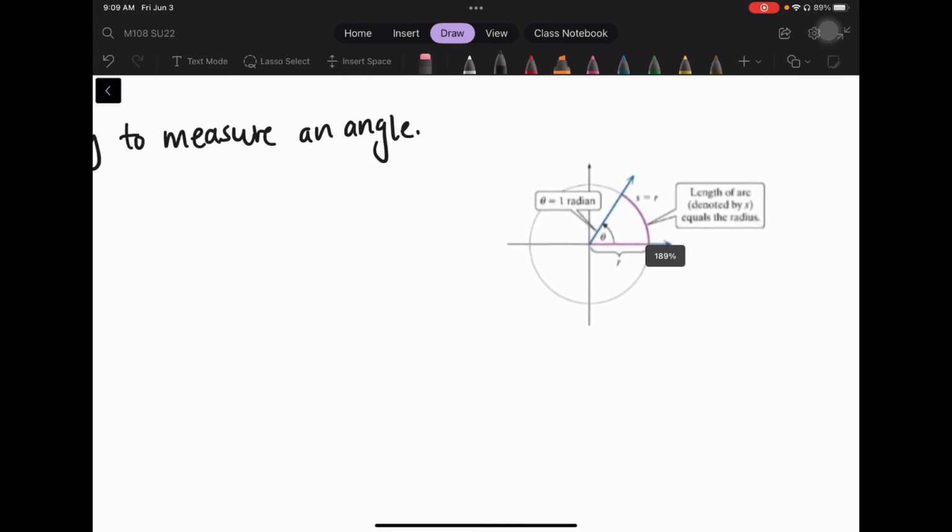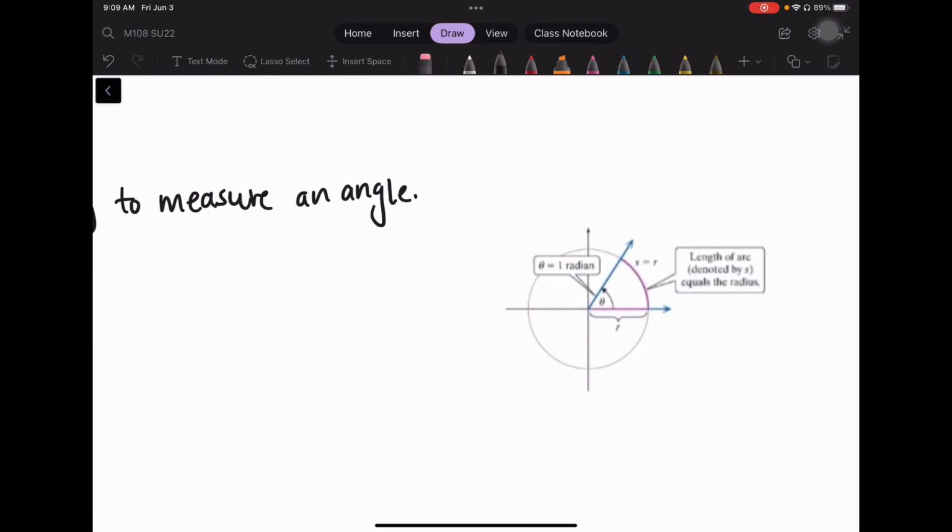You look at this picture here, and I've got these rays. Here's one ray, here's another, and it's intersecting the circle right here. So this is called the intercepted arc. We call that S. And then this angle theta is a central angle because it's in the center of the circle. The endpoint or the vertex is at the center of the circle. So we call this a central angle.